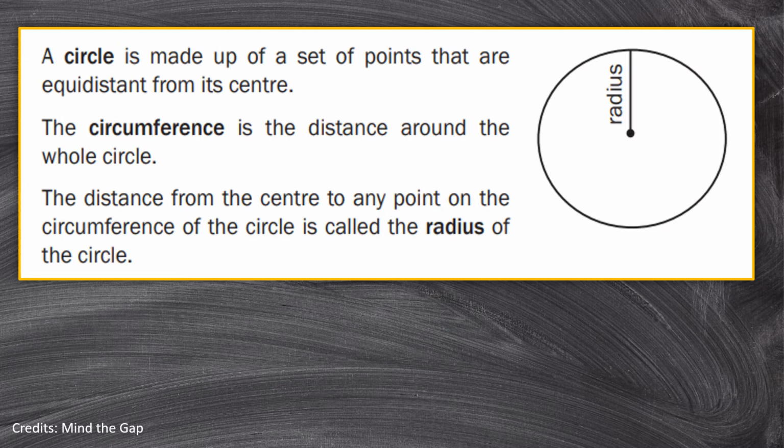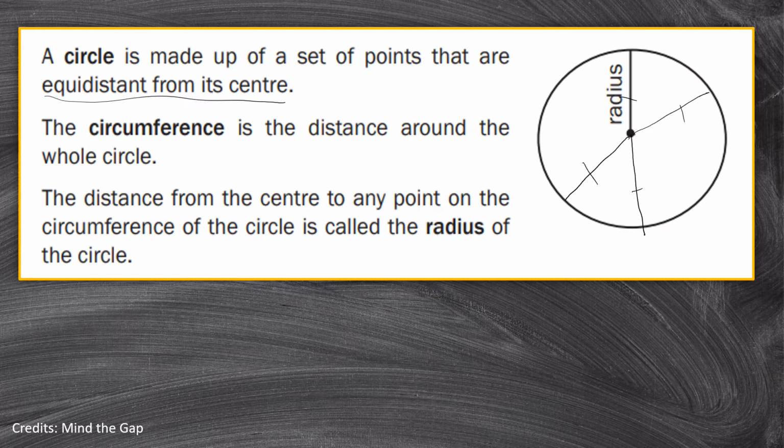geometry. All right, so we know that a circle is made up of a set of points that are equidistant from the what? From the center. What does it mean? It means that the distance from the center to each point on your circle or circumference is always equidistant. As we know, those are the radii, right?